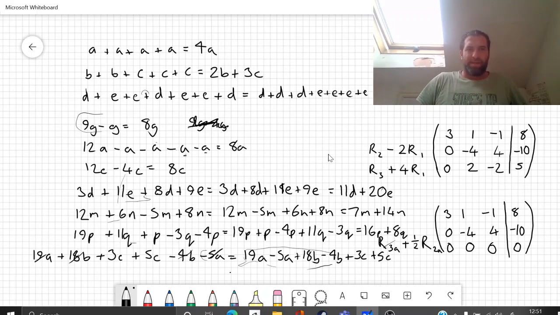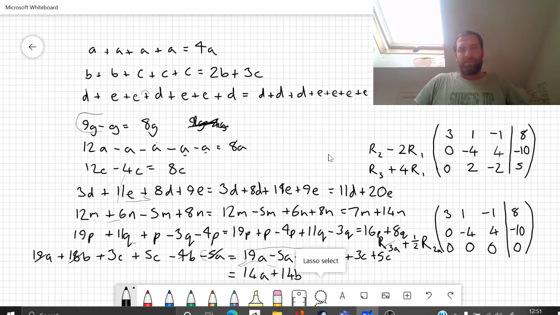Do this just below here. We've got 19a minus 5a, well that's 14a. And you've got 18b minus 4b, well that's just 14b. And we've got 3c plus 5c, which is 8c. And there we have it.